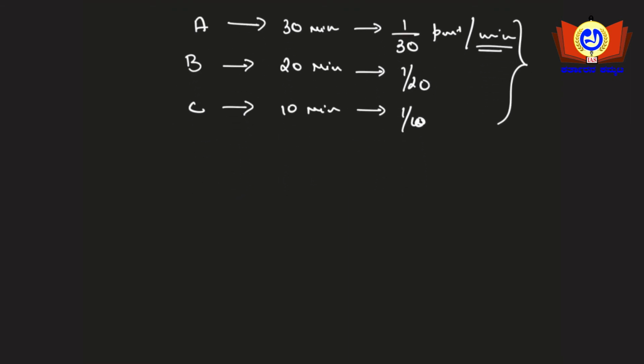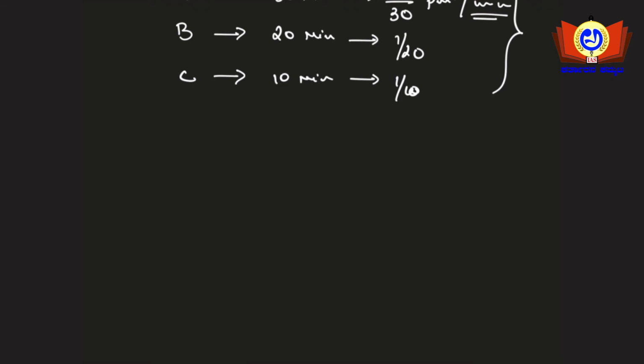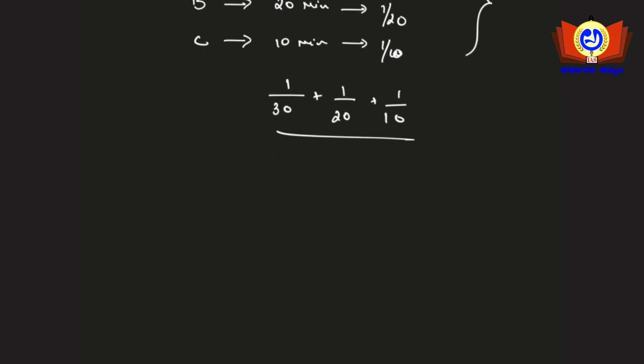So what is the LCM here? 1/30, 1/20, 1/10. If pipe A, pipe B and pipe C are left open for 1 minute, that is nothing but 1/30 plus 1/20 plus 1/10. So what is the LCM here? 30, 20 and 10.